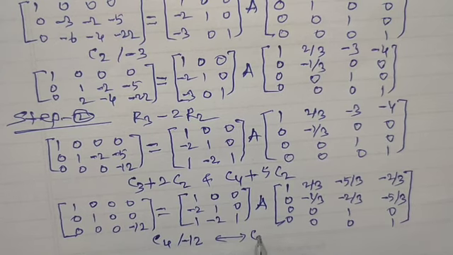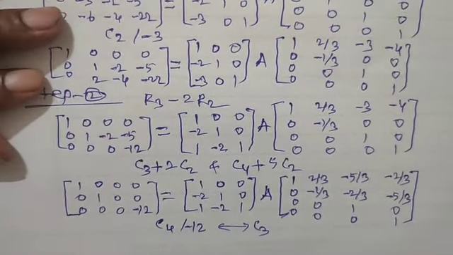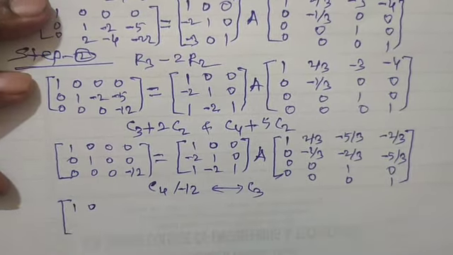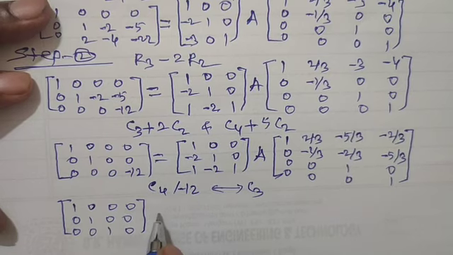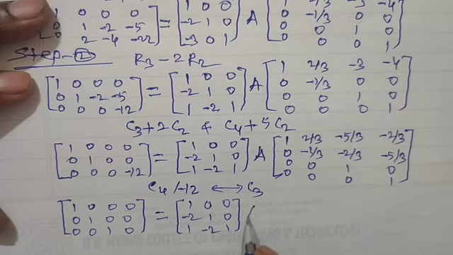Then this gives the matrix like this: 1, 0, 0, 0, 0, 1, 0, 0, 0, 0, 1, 0. On left hand side, and on right hand side this matrix will be as it is: 1, 0, 0, minus 2, 1, 0, 1, minus 2, 1, A as it is.